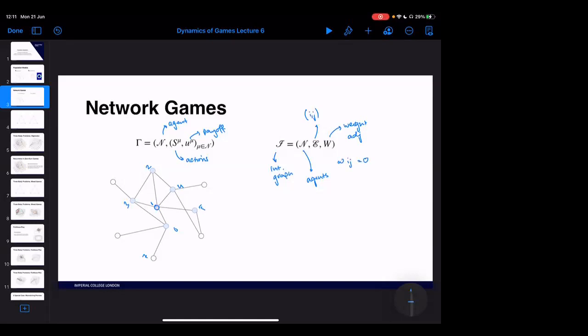If they are connected, then it's going to equal some positive number. Now, what this weight allows us to do, essentially, if we impose it across these edges, is give us a measure of priority of the information between two agents.